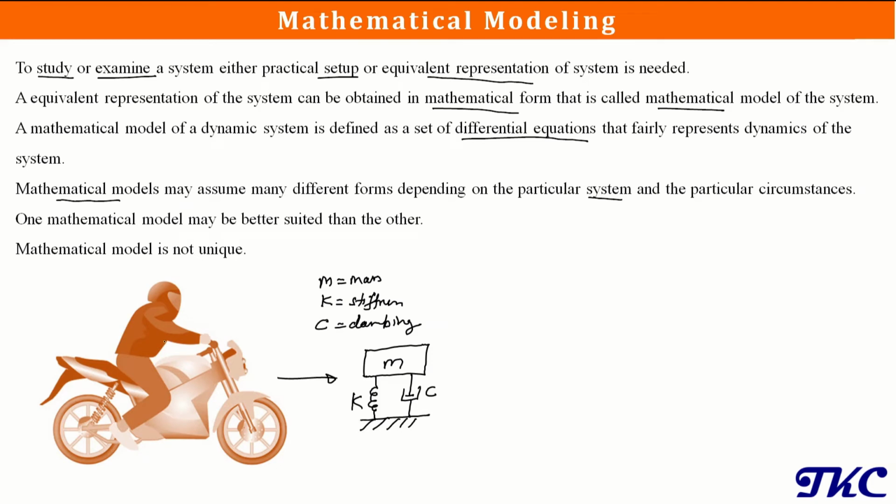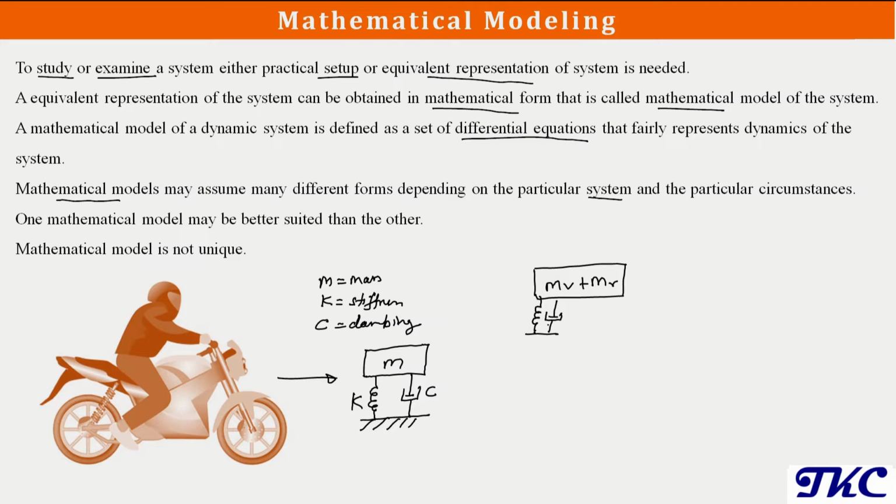Now one can develop another model of this system by considering various elements separately. We can consider the mass of the rider and the mass of the chassis separately, the suspension systems of the front and back wheel separately, and also the wheel weight and wheel stiffness separately. We will have the mass of the vehicle plus the mass of the rider. Now we consider back and front suspension separately, each with its own stiffness and damping constant.